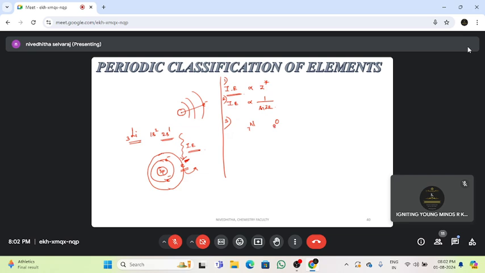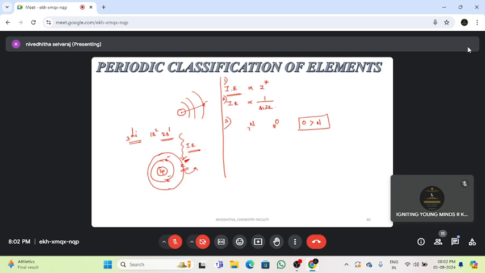So based on the normal trend, among nitrogen and oxygen, we'll think oxygen will have higher ionization energy, because as we move left to right in the periodic table, ionization energy increases. So what we'll be expecting is that oxygen will have more ionization energy than nitrogen. This is our expectation. But this is not actually the case. Why?